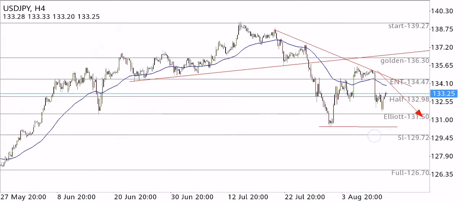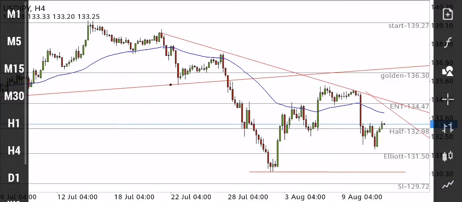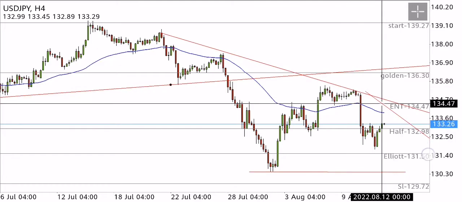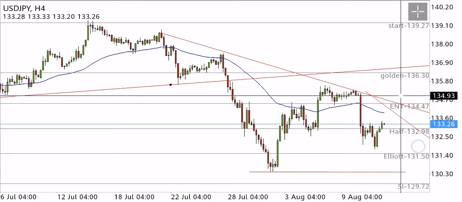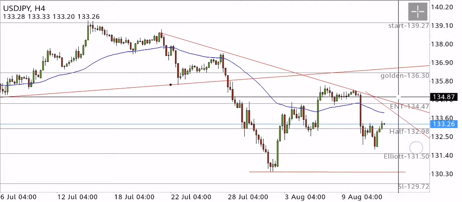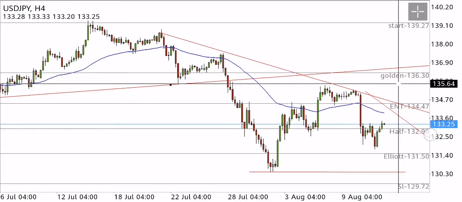These things are possible when the market breaks the resistance level of 134.50 and closes the H4 candle above that area, then you can say it will go in the upside direction.